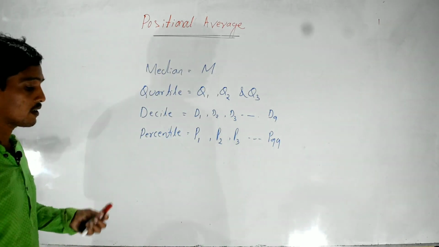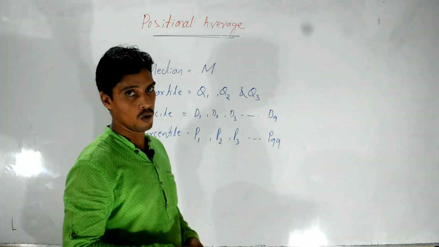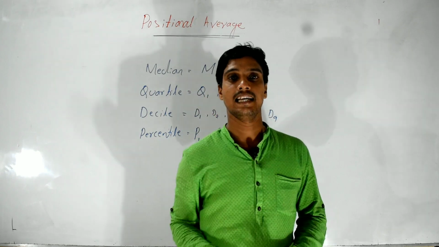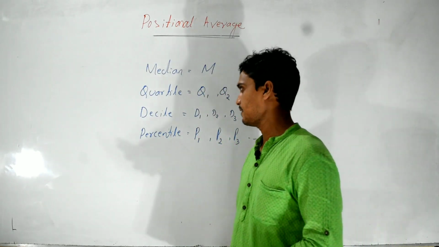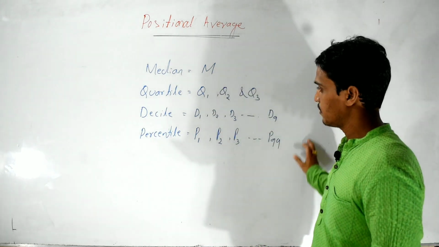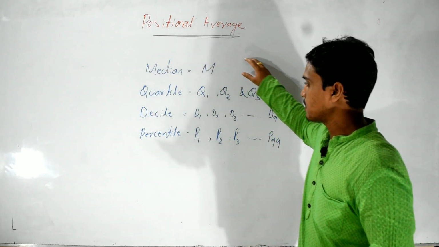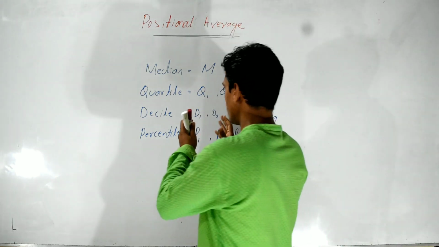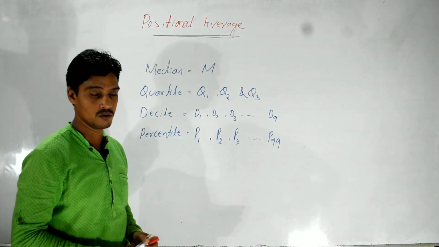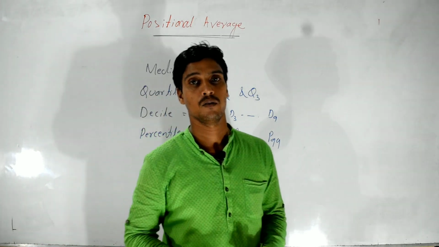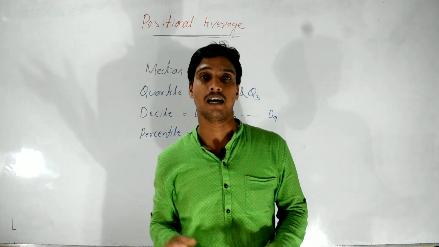Similarly, for octile, we use O. For pentile, we use PE. So first of all, you should know which letter is used for which positional average.